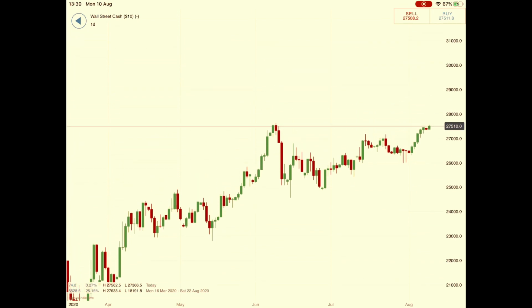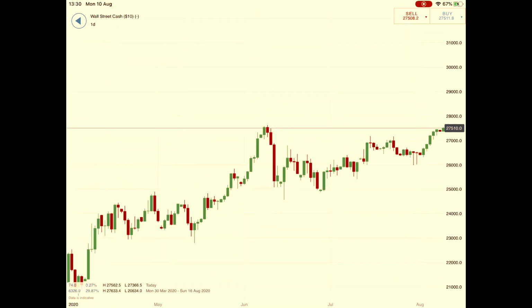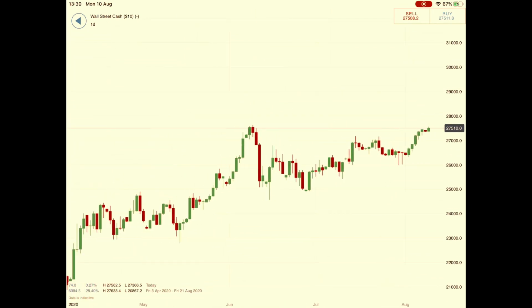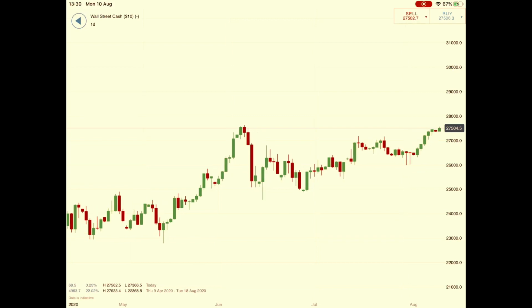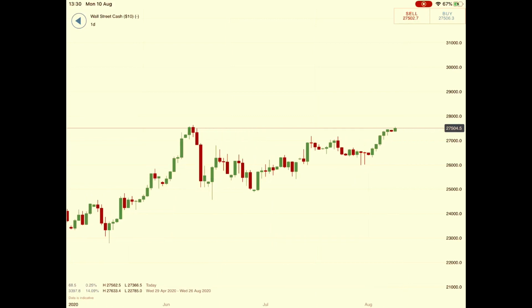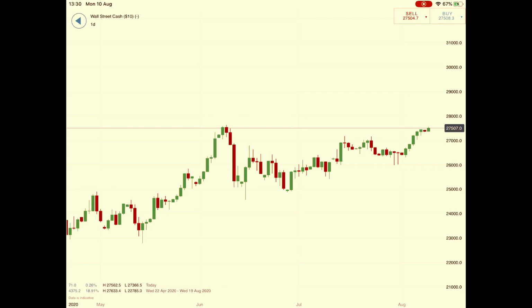It's made up of the top 30 companies, and it's a reflection of how the overall market is. Even if you're not going to trade the Dow, it's vitally important that you know where it is, because it's going to tell you exactly what the overall market sentiment is. I would highly recommend that even if you're not trading the Dow, you have the Dow open on the open and throughout your trading period, because a lot of the times a stock will follow the Dow.